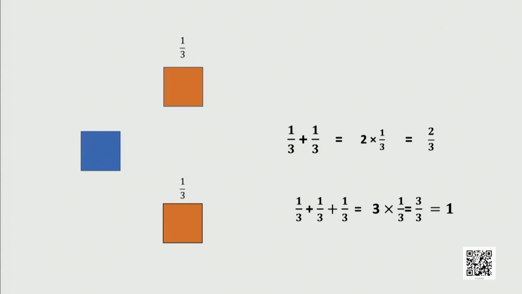Now if I take all 3 together, 1/3 plus 1/3 plus 1/3, since I am taking 3 one-thirds, I can write it as 3 multiplied by 1/3. Using the representation from the previous step, this would be written as 3 over 3. But what is 1/3 plus 1/3 plus 1/3 according to this figure? This gives the entire rectangle. So it would be represented by 1, which we have discussed earlier.